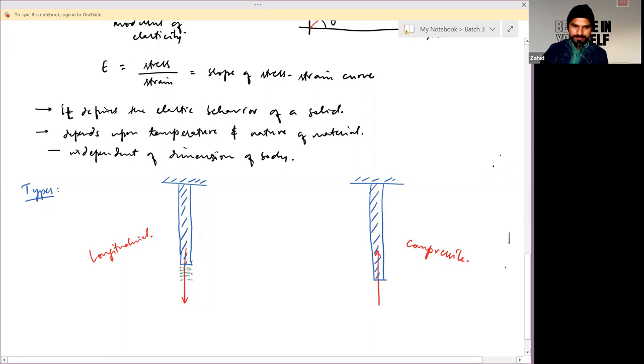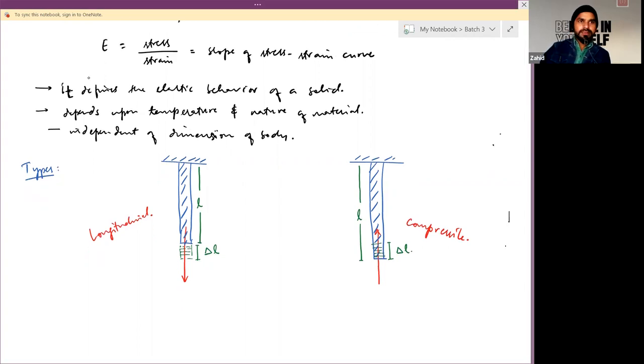This will be the actual length of the solid, and this will be the amount of deformation produced, that is delta L. Similarly, in this part, the total length of the solid is L, and the deformation is delta L.